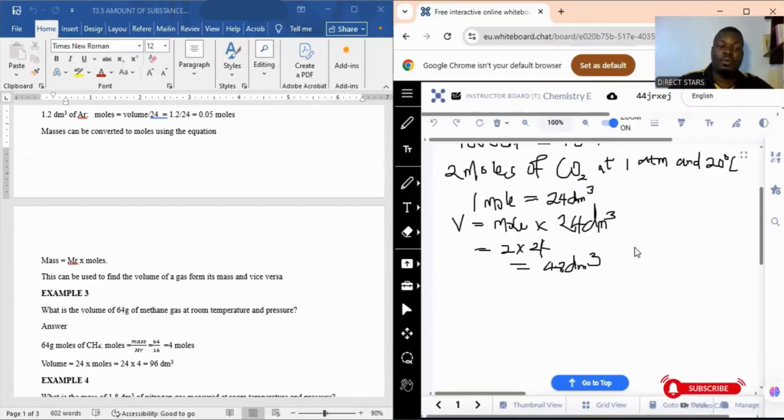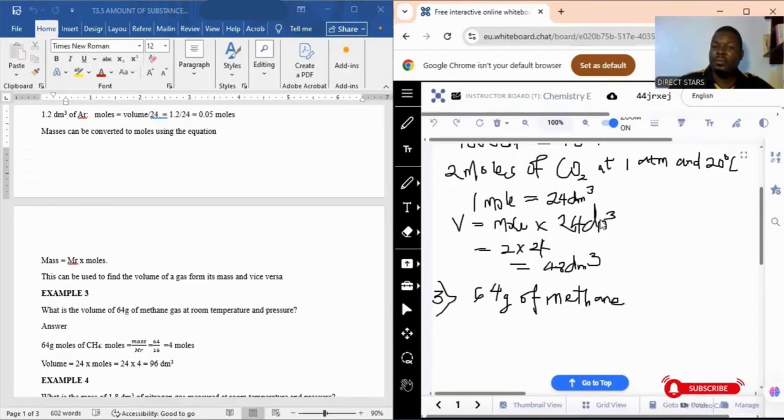Take, for example, example 3. For example 3, we have 64 grams of methane.